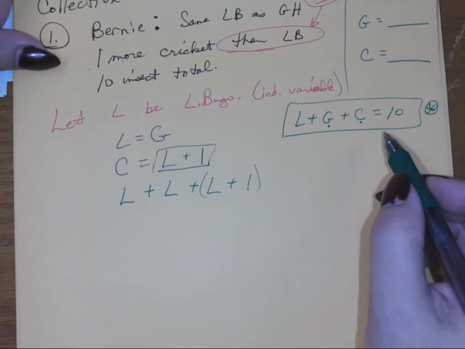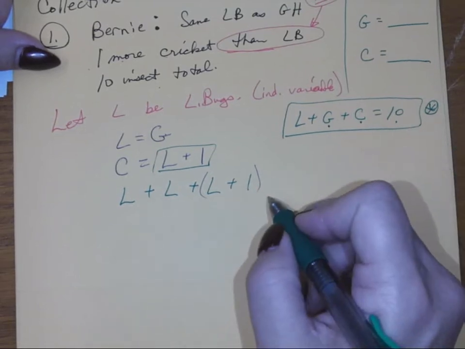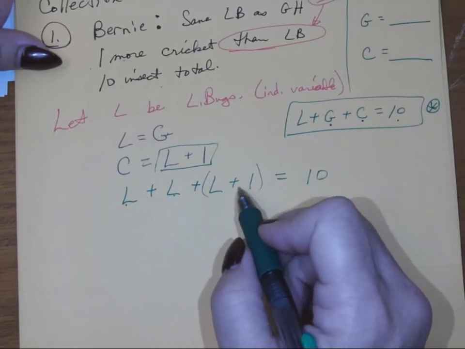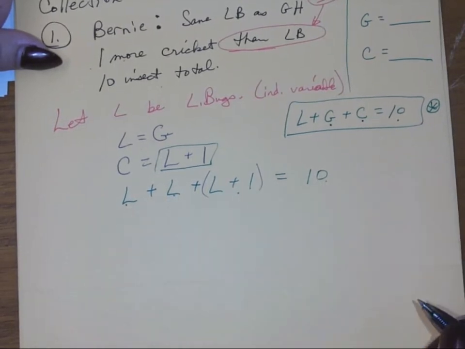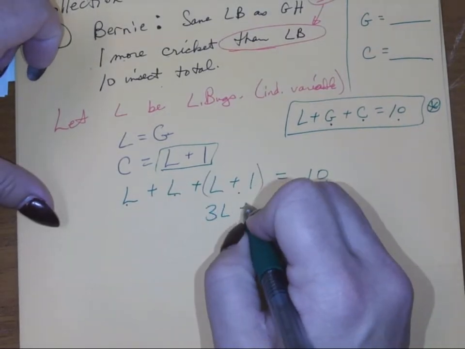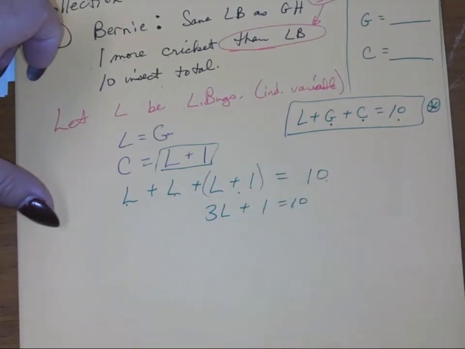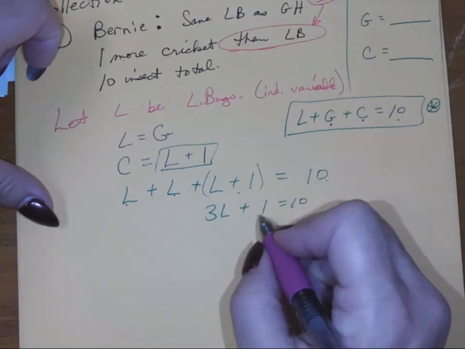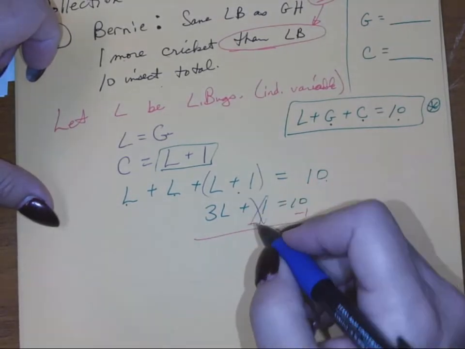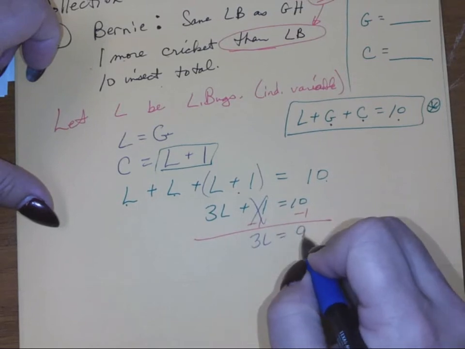And all of that is going to equal the total, which is 10. Okay, so ladybugs plus grasshoppers plus crickets equals 10. All right, now this becomes fun because I've got 3L plus 1 equals 10. Whenever I undo that addition there, I get a minus 1, minus 1. And I see, hey, 3L equals 9.